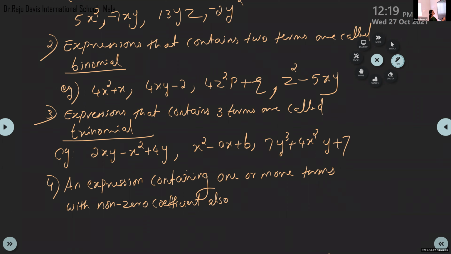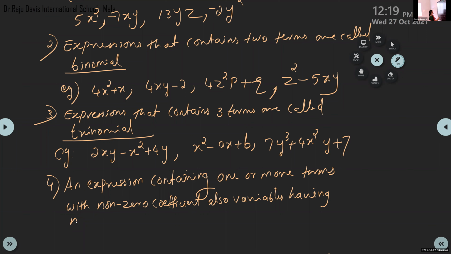Also, variables having non-negative exponents, that is powers, here 2, 3, powers must be non-negative, that is positive.